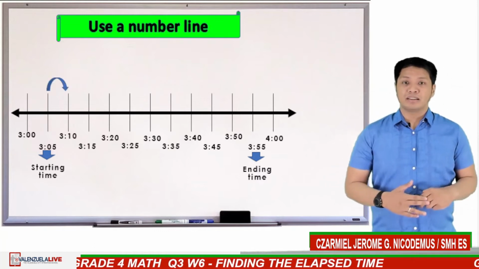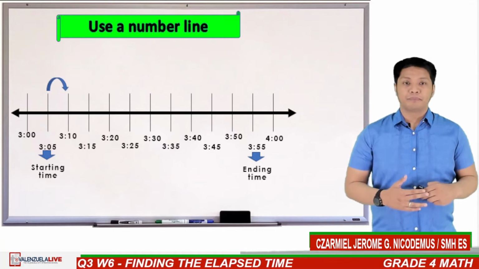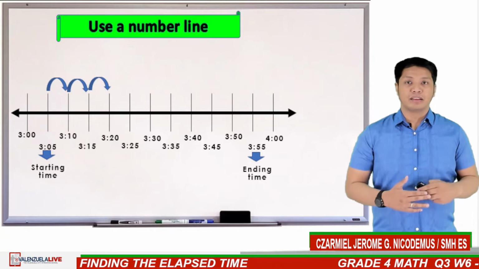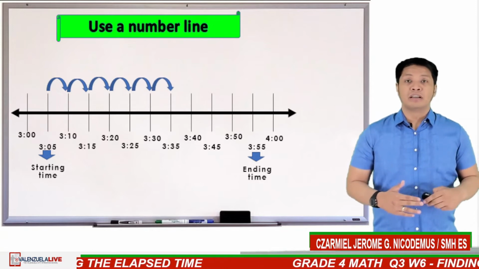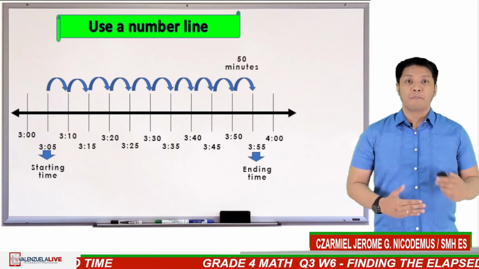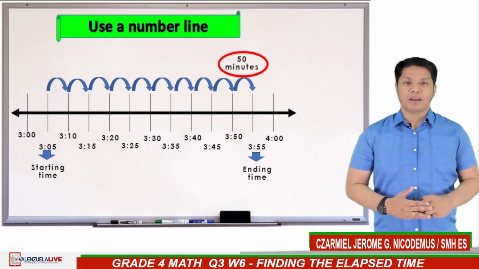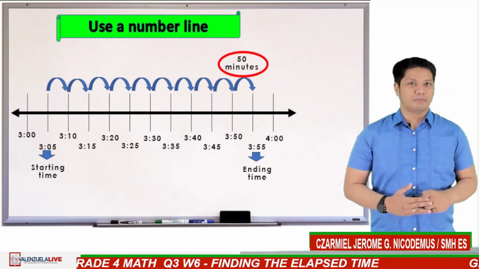Remember, each line is equal to 5 minutes. So there are 5, 10, 15, 20, 25, 30, 35, 40, 45, 50 minutes. So from 3:05 to 3:55, there are 50 minutes using this number line.